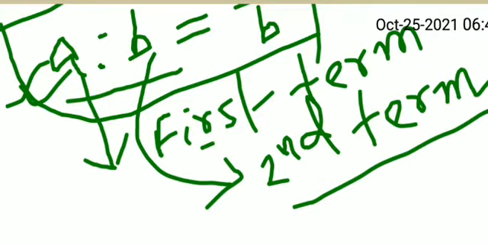So A is called the first term or antecedent, and B is called the second term or consequent. Clear to all?